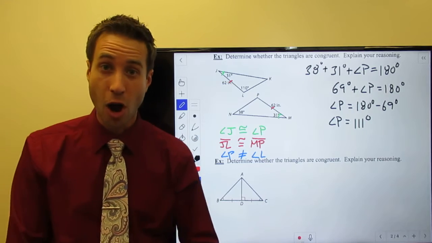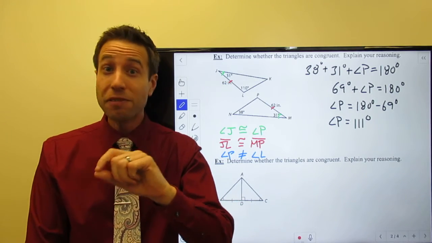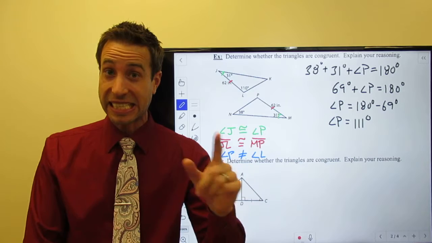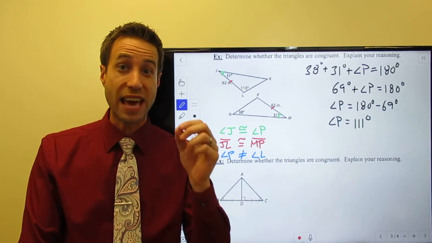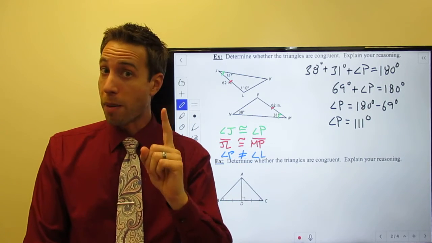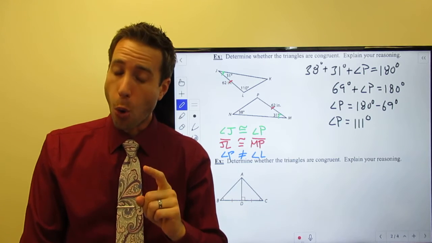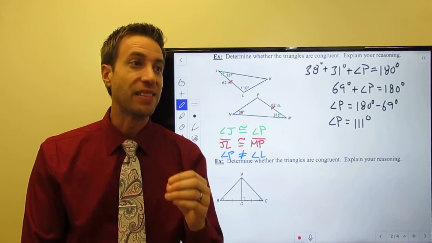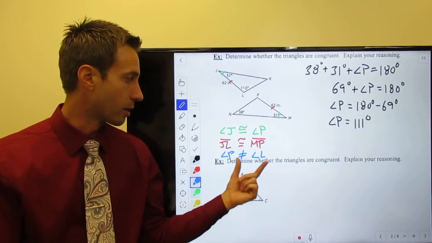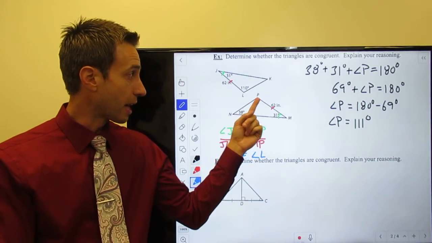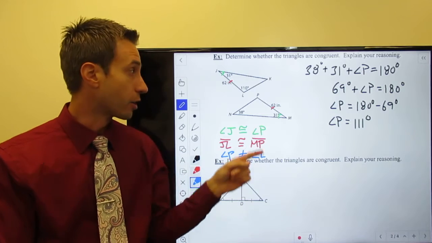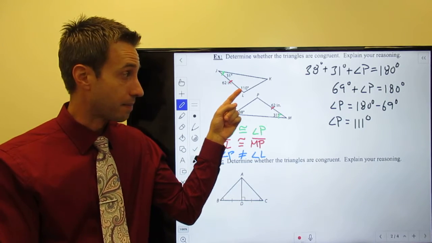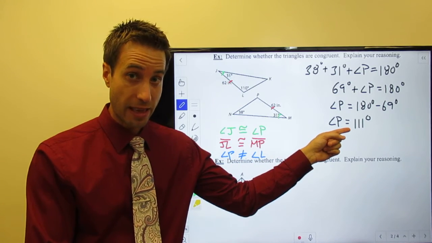And remember, our contrapositive of CPCTC said if you can show that one pair of sides or one pair of angles are not congruent, then the triangles are not congruent. And right there, I've just shown you angle L and angle P are not congruent. Angle L is 110, angle P is 111.